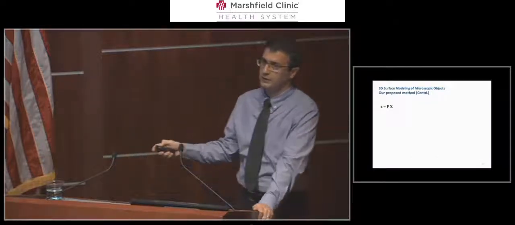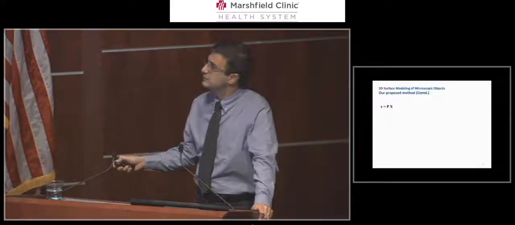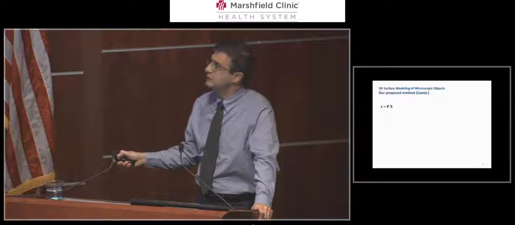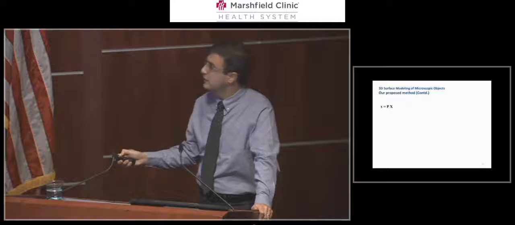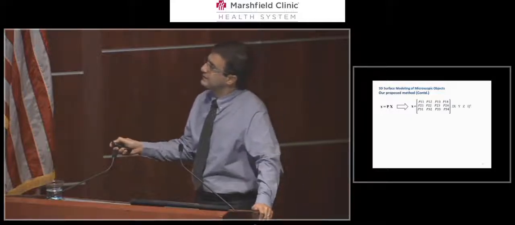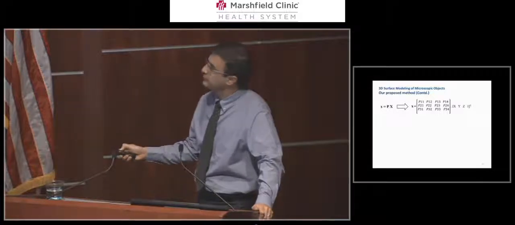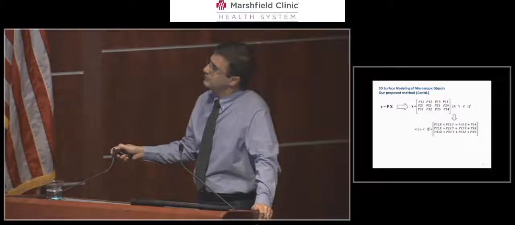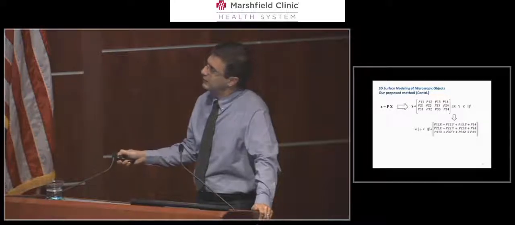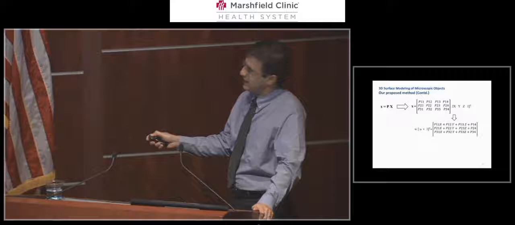So from the previous slide, we know that x in 2 dimensions would be the projection matrix times capital X in 3D. So we can say that x would be equal to, we expand the matrix like this, times the 3D location X, Y, Z, and 1. As you remember, in 2D, we can call that u, v, and 1, and this is the weighting score. This is the projection matrix times X, Y, Z, and 1.